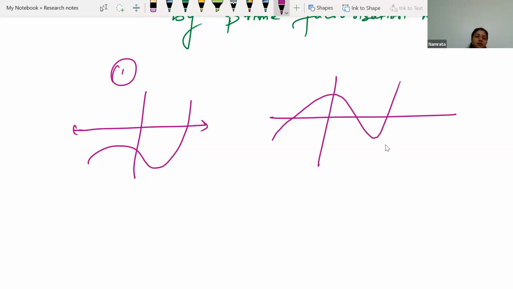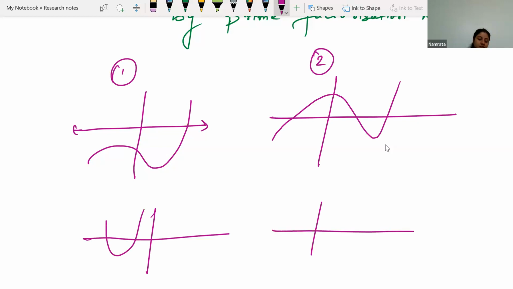Graph 1, graph 2. Do you know how to check the number of zeros over here? Yes, in the first one, it's just one. Okay, first one is just 1.